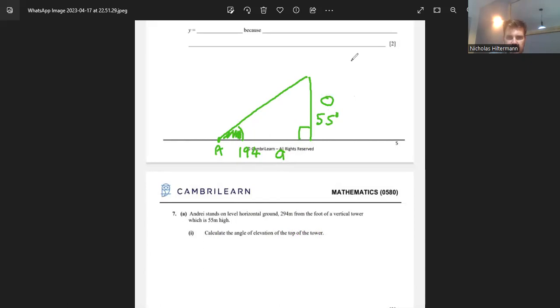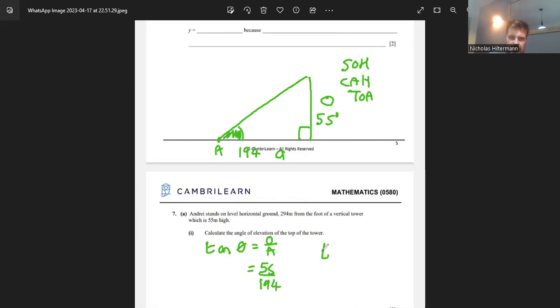So we have O and A, which is the TOA, so tan. If you don't know what I'm talking about, you need to refresh your trig basics. So tan of the angle theta is equal to opposite over adjacent, which is 55 over 194.